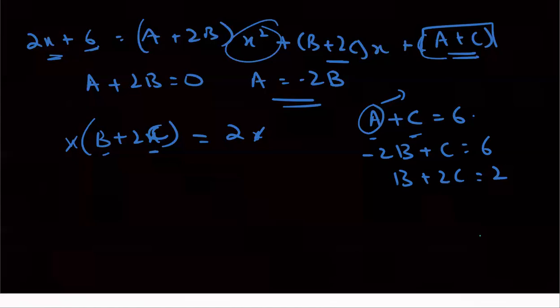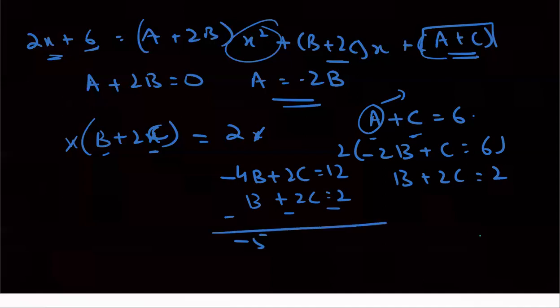If I multiply it by 2, it becomes minus 4b plus 2c is equals to 12, and this is 2c plus b. Subtracting, it becomes minus 5b, the 2c is cancelled, is equals to 10, b is equals to minus 2.